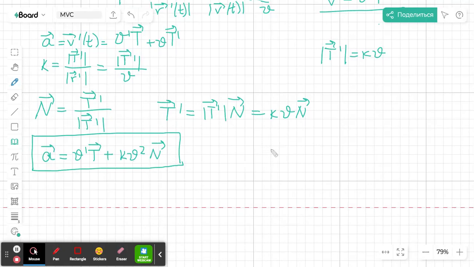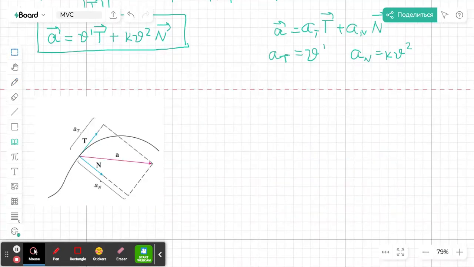So we can say that, in other words, a equals a sub T, that's a coefficient, times T plus a sub N times N. And then from here we can see that a sub T is just upsilon prime, and then a sub N is kappa upsilon squared.